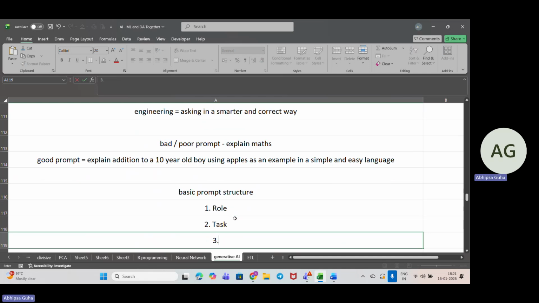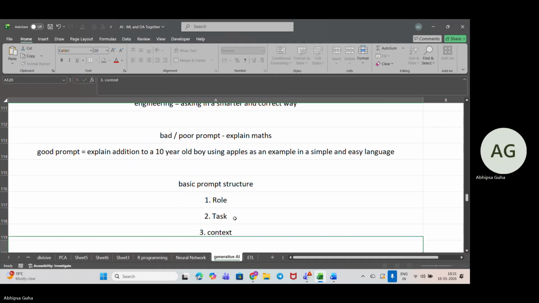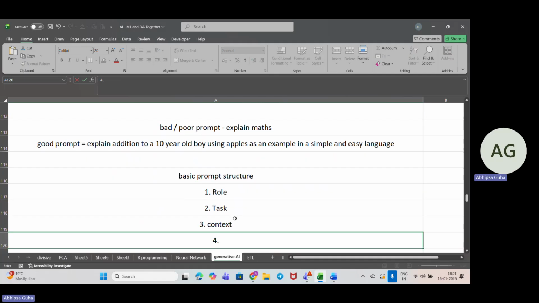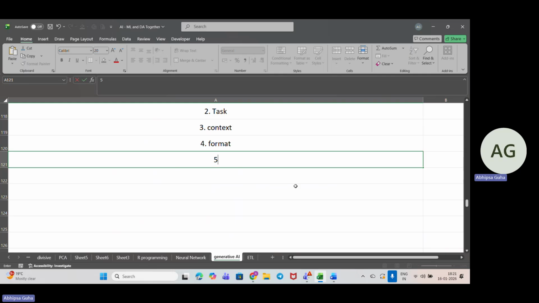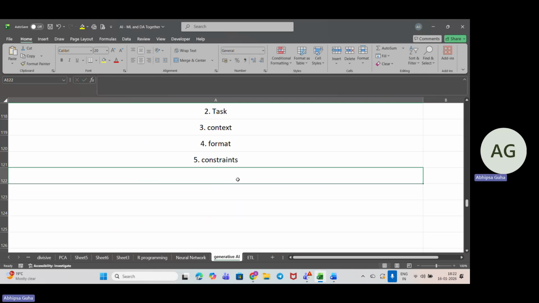The third one is the context. The fourth one is the format. The fifth one is the constraints. The sixth one is the example.